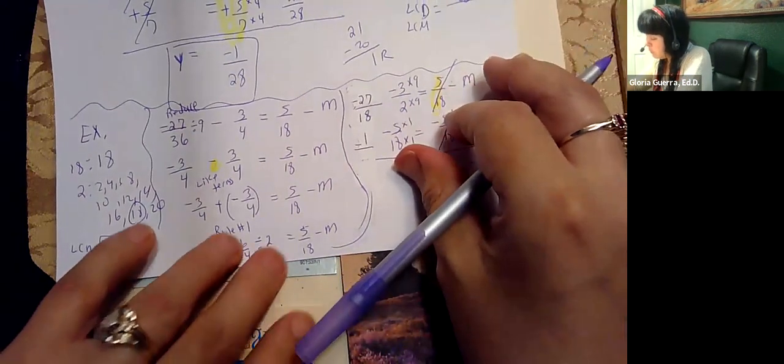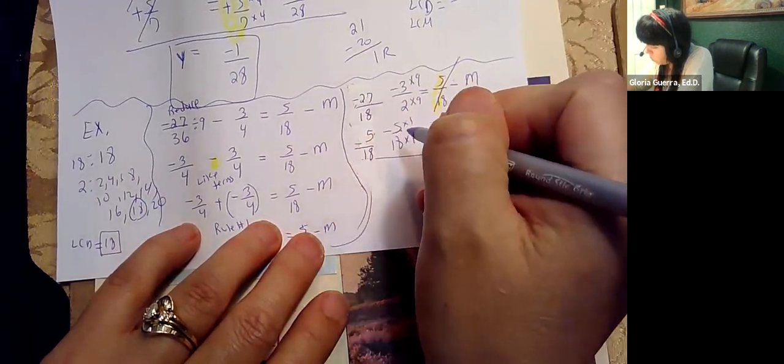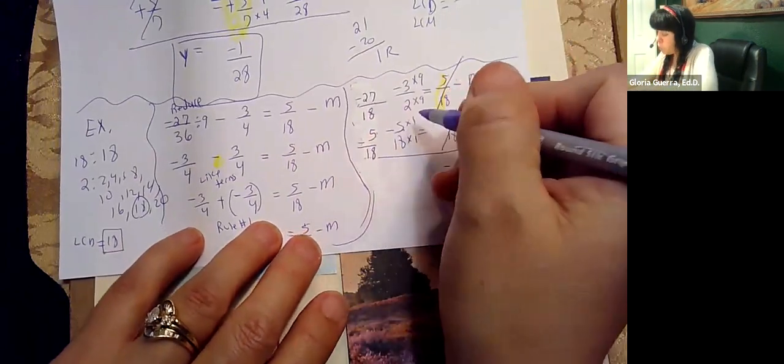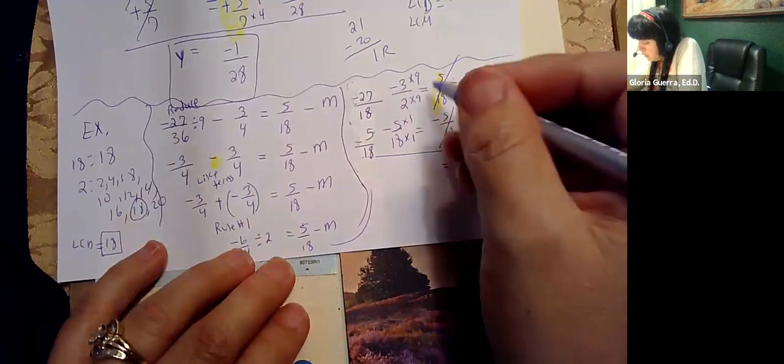And so this is -5 over 18, right? -27, and then you have that -5. So remember, I said there's like the little plus sign there, right?